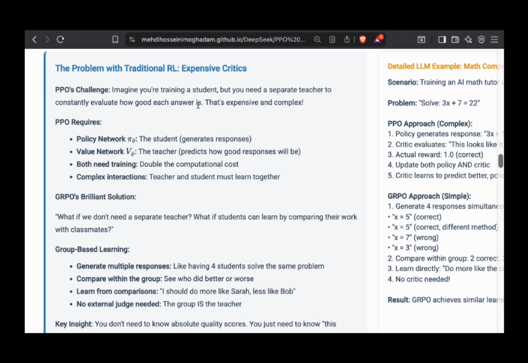When you're training a student, you need a separate teacher to constantly evaluate how good each answer is, which is expensive, because that teacher or that LLM needs to run each time, and that inference takes a lot of effort and computation. So PPO requires a policy network, pi theta, and a value network; both need training and complex interaction.